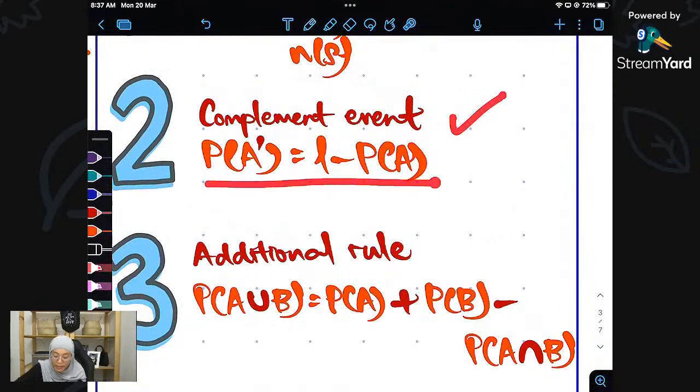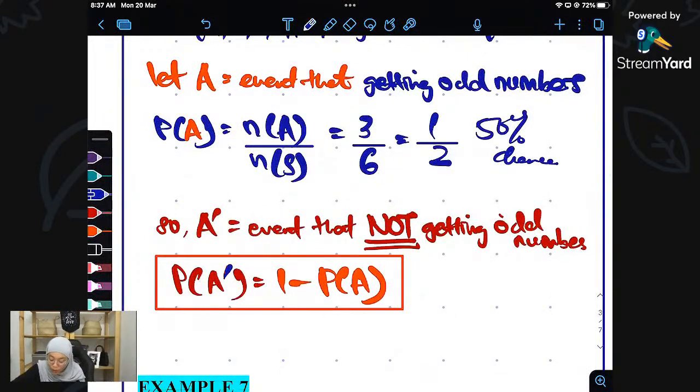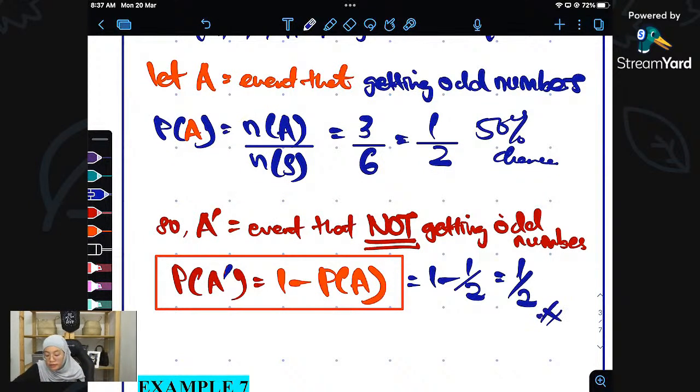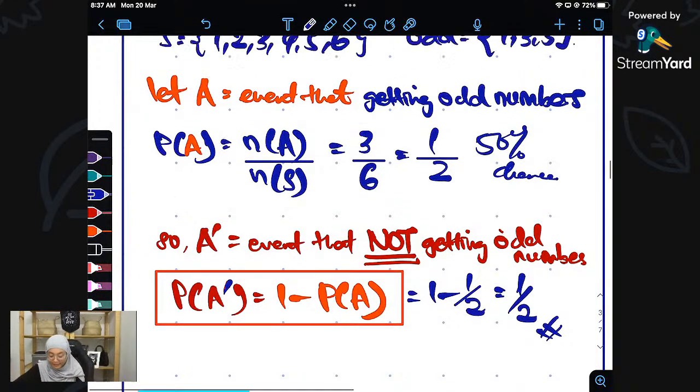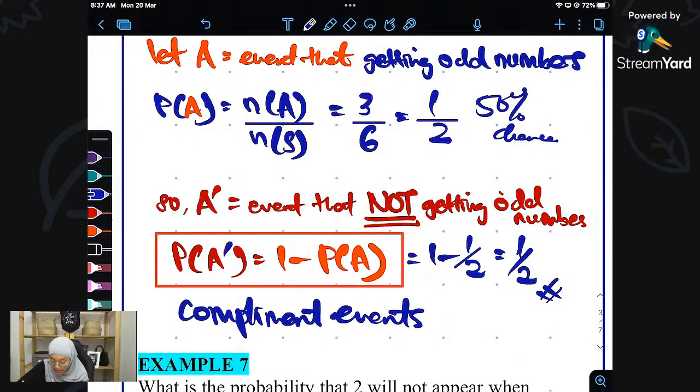This is the basic law of probability, one of the basic laws. So we just put here 1 minus a half, because we already found the probability of A from above. And so 1 minus half is still 0.5, or 50% chances. That's it. This is what you call complement events, the A prime, okay?